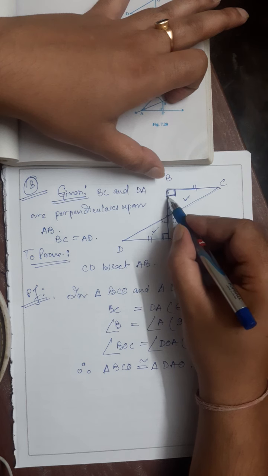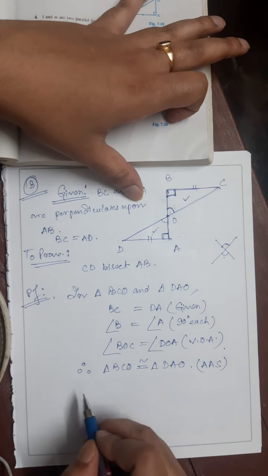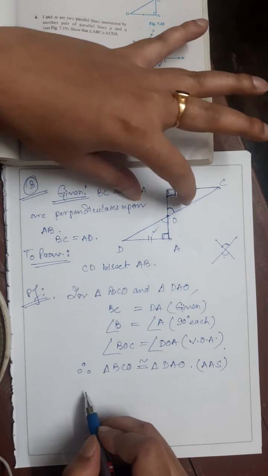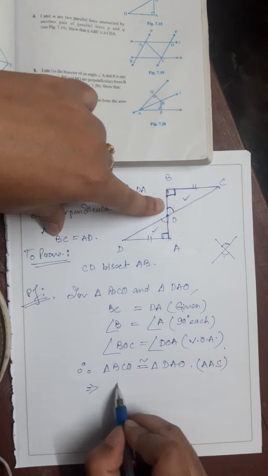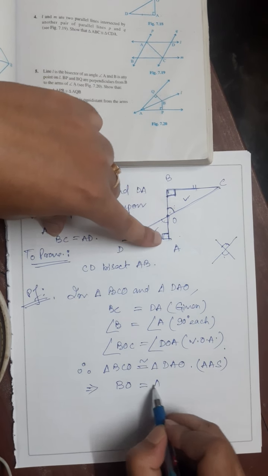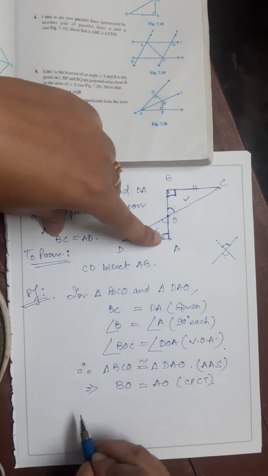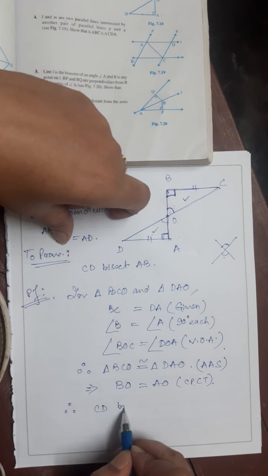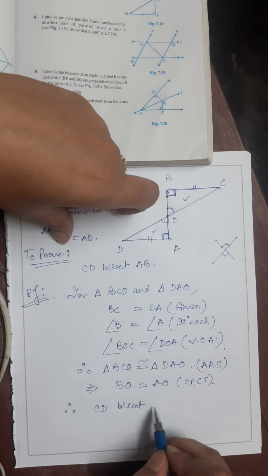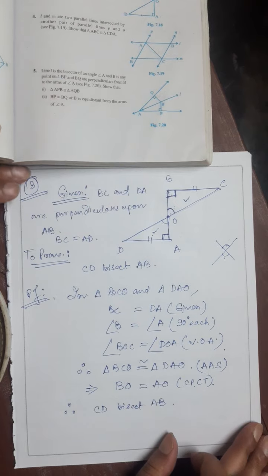So this will be angle, angle, side. So when these two triangles are congruent, we can take CPCT. So here we will take BO is equal to AO, CPCT, corresponding parts of congruent triangles. So therefore CD bisects AB. This is over.